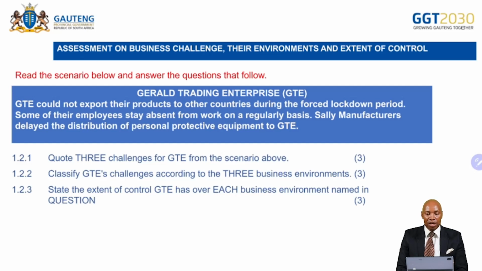Let's quickly run over the scenario together. GTE could not export their products to other countries during the first lockdown period. Some of their employees stay absent from work on a regular basis. Sally manufacturers delay the distribution of personal protective equipment to GTE.